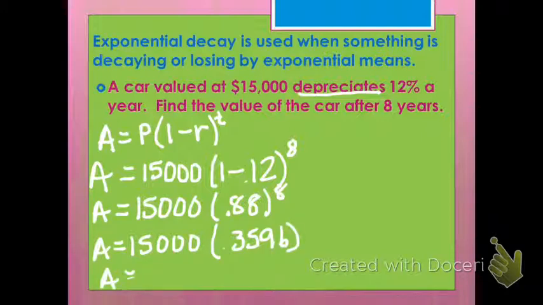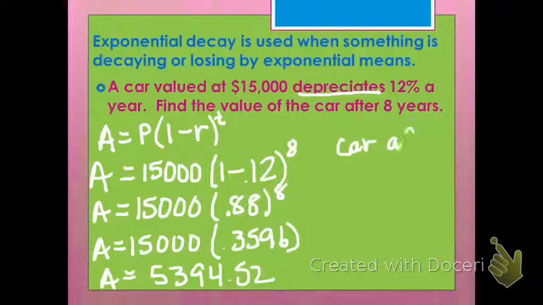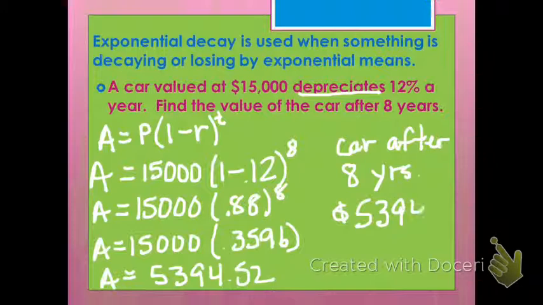Then when I multiply those together, I would get 5394.52, and that means the car, after 8 years, is worth $5,394.52. So its value went down from $15,000 to $5,394.52 after 8 years.